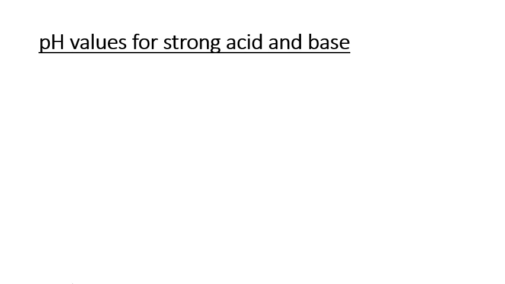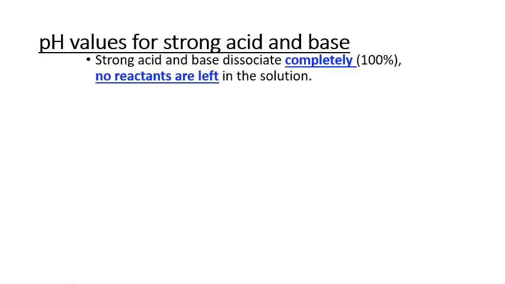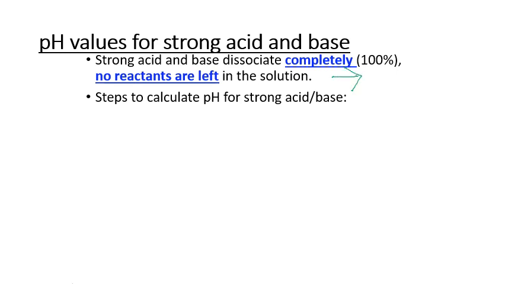We need to calculate the pH value for strong acid and strong base. Because strong acid and strong base dissociate completely, there is no reactant left in the solution, and we will use the one-way arrow.